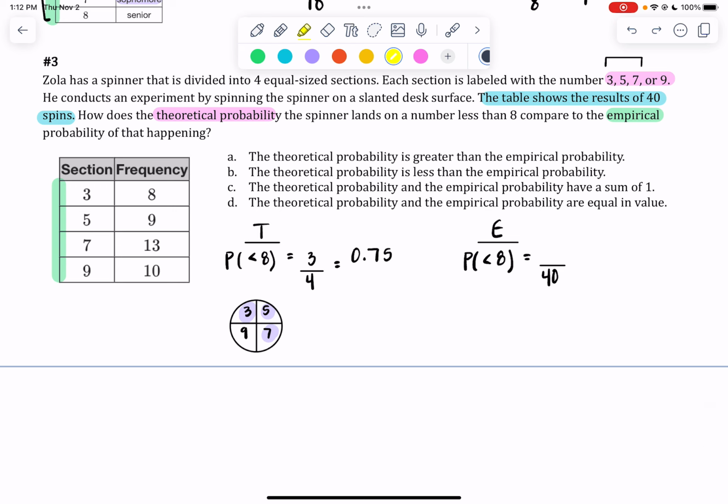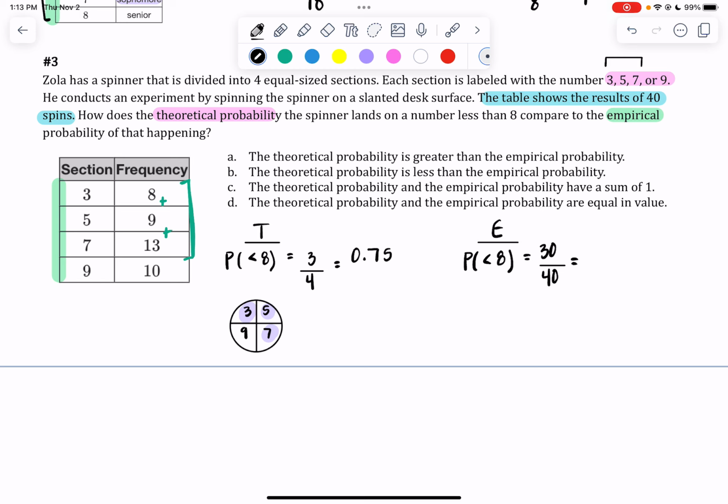So for the numbers less than 8, it would be a 3, 5, or 7 again. So here are all the frequencies, how many times we land on each of those. So we just have to add them all. 8 plus 9 is 17, plus 13 is 30. So we landed on a number less than 8 30 times out of 40 possible spins.